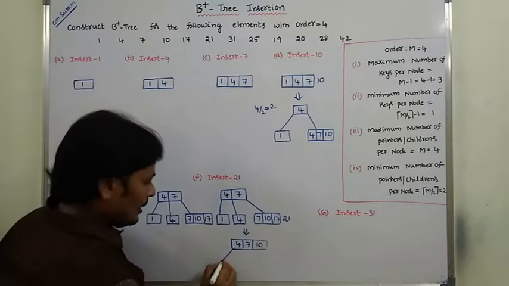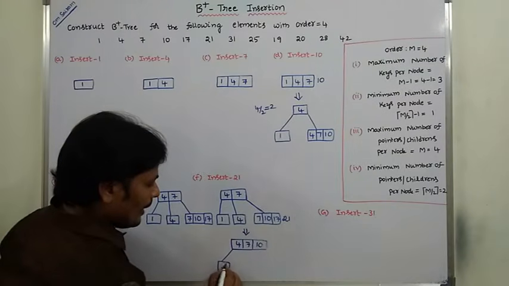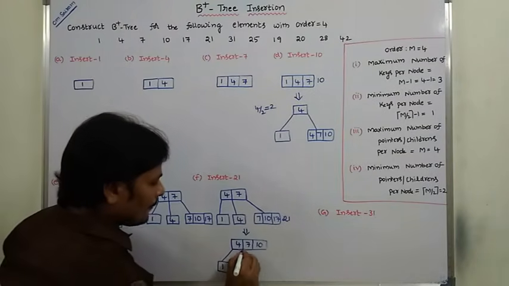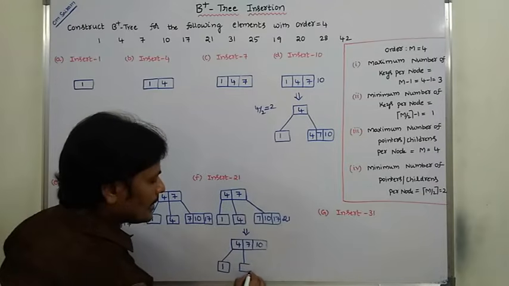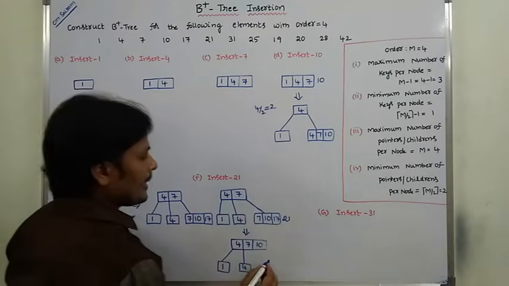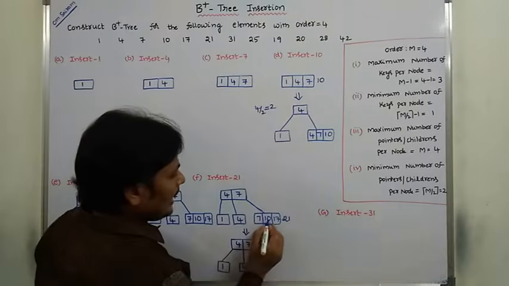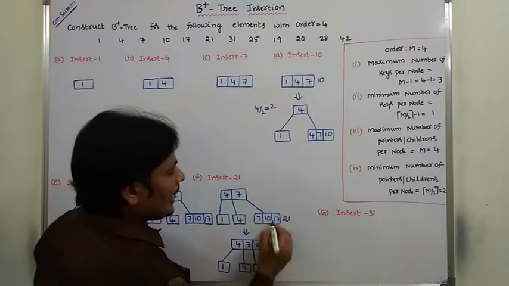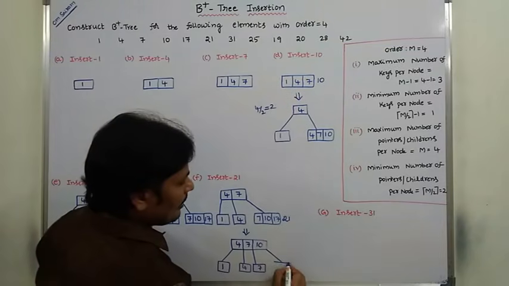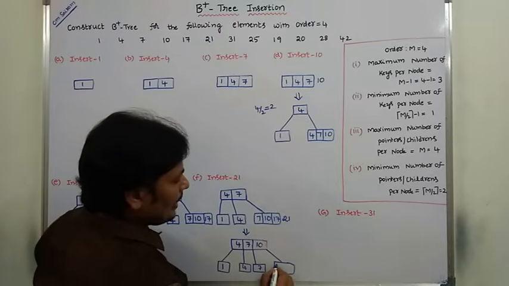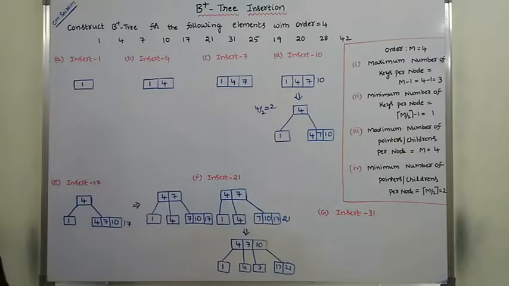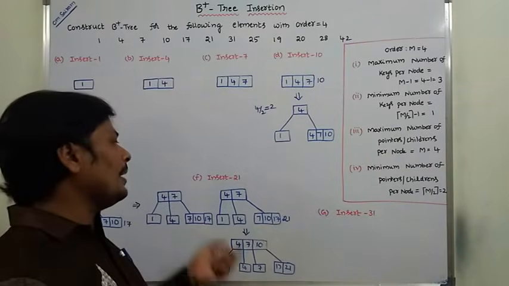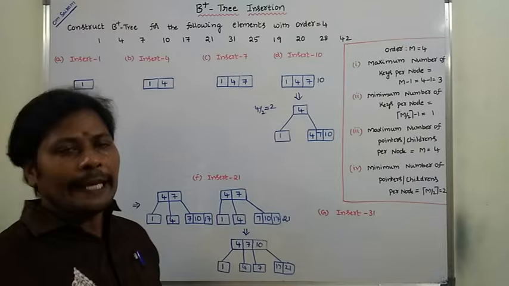Here there is no change. 4 left child is 1 and 4 right child or 7 left child is 4 and 7, 10 left child is also 7. 10 right child are 2 elements 17 and 21. Okay, so this is the B plus tree we are getting after inserting 21.